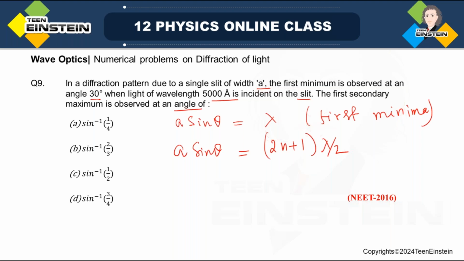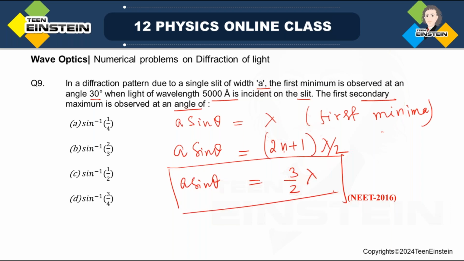This is the condition for the nth one. For the first secondary maxima, n is equal to 1, so a sin theta is equal to 3 by 2 into lambda. This is the condition for observing the first secondary maxima.